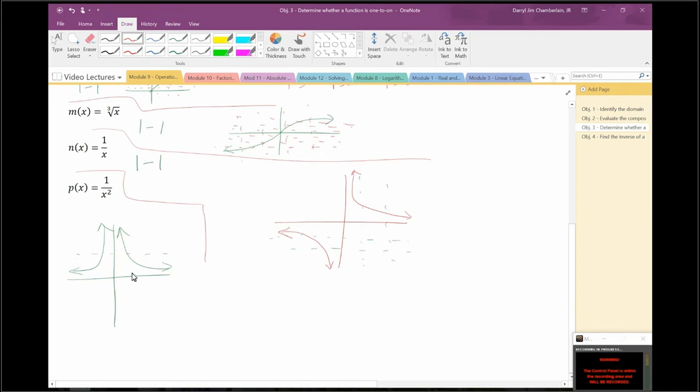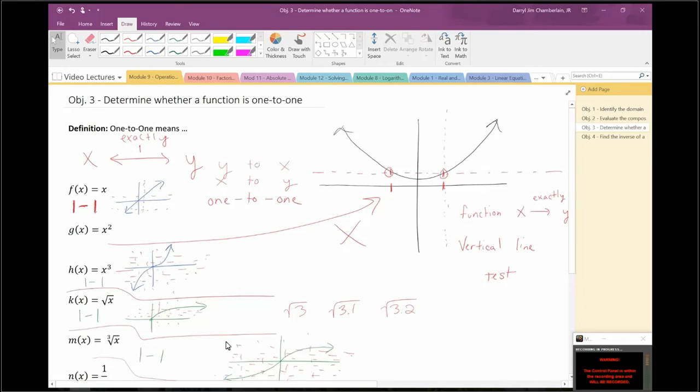Because again, we don't have this uniqueness. I have 2 x values that are giving me the same y value. So if I'm going to determine whether a function is one-to-one, I'll want to make sure it's a function, that it passes the vertical line test, or that every x value has exactly one y.